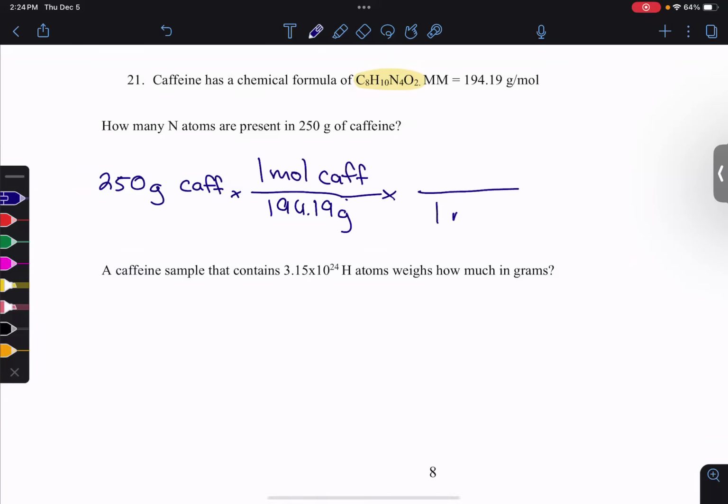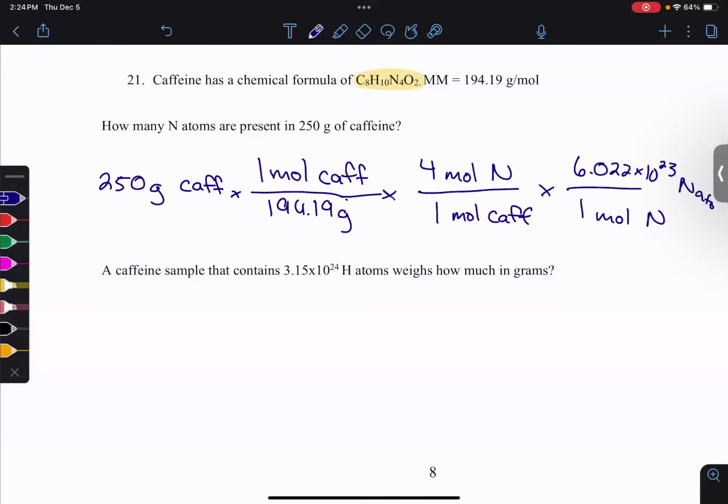So in every 1 mole of caffeine, how many moles of nitrogen are there? 4, yes, 4 moles of nitrogen. Am I done? Nope, what do I gotta do? Avogadro's number, yeah, so 1 mole of anything, in this case it's nitrogen, is 6.022 times 10 to the 23 N atoms, right? I don't feel like getting the answer, you just look at the key.